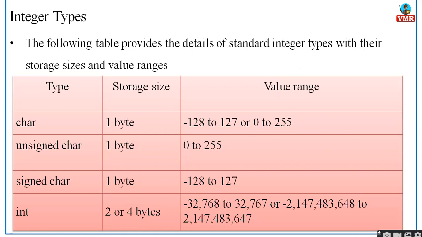So char, unsigned char, signed char: all have a storage size of 1 byte. Remember that when you declare a variable with char, say a equals 'a' in single quotes, only 1 byte of memory will be allocated for that variable a.